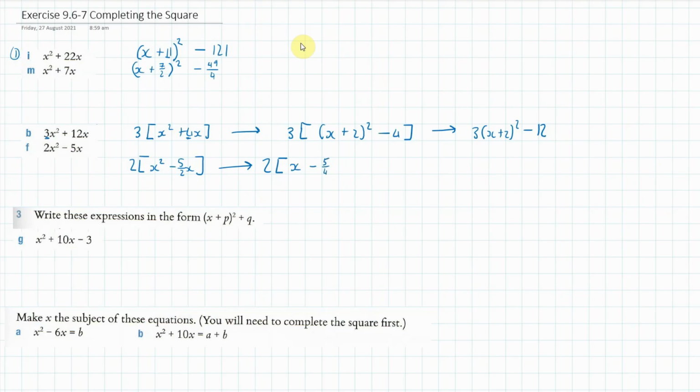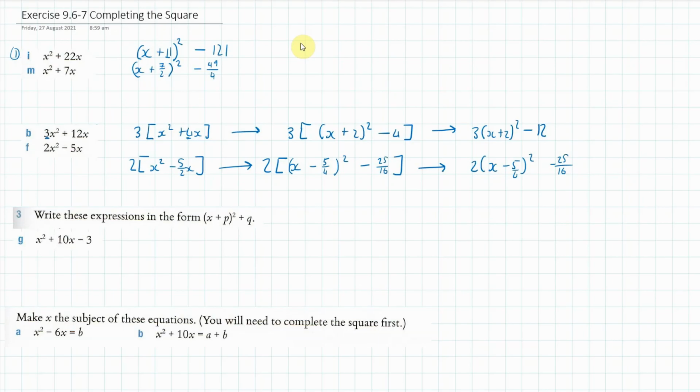So half is 5 over 4, and I'm going to square that and then subtract the square of 5 over 4, which is 25 over 16. So I've squared the top and bottom there. And then I put my square brackets, and then the last step is to expand out. So I'm going to get 2 bracket x minus 5 over 4 all squared, subtract 25 over 8.